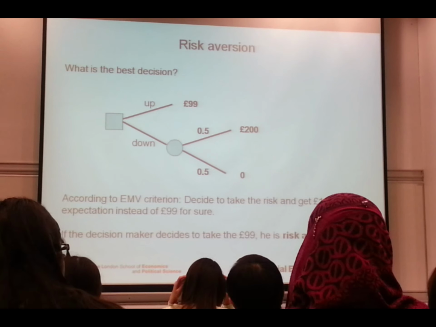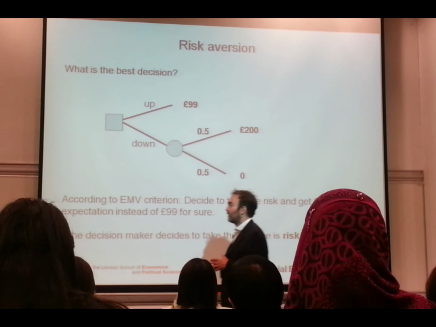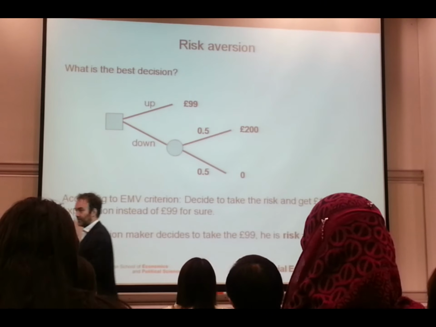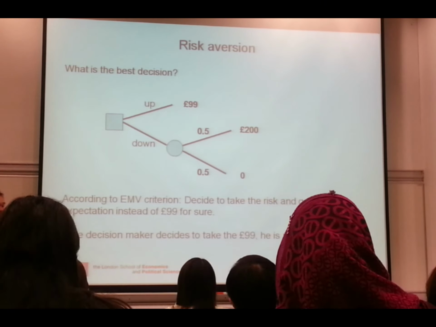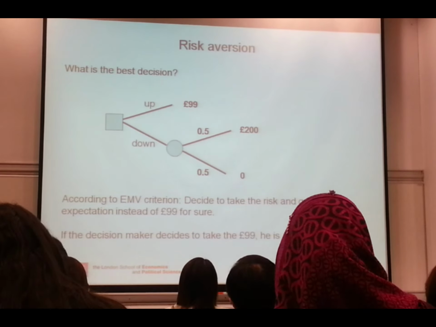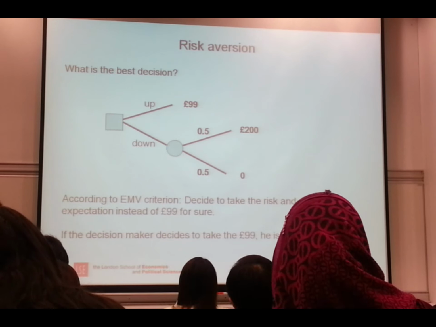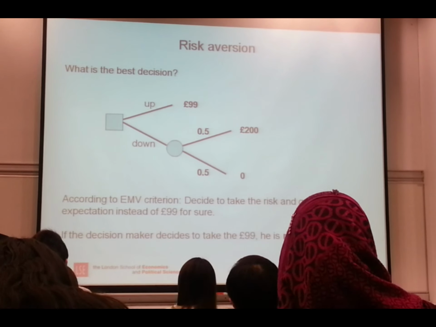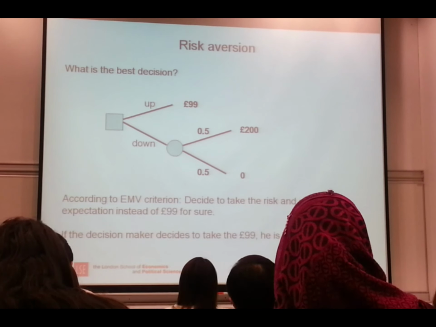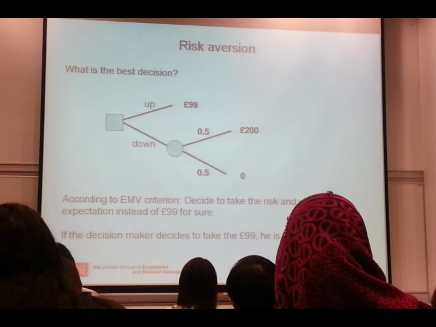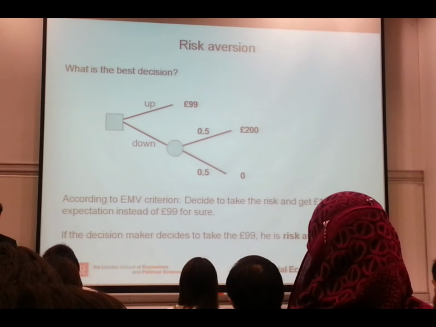If the decision maker decides to take the 99, i.e. 2/3 of you are risk averse. And we can think about risk aversion in several ways. We will do that for the next half hour. But risk aversion basically means that if I give you two options, those would be the same in terms of expected profits, but one would be less uncertain than the other one.